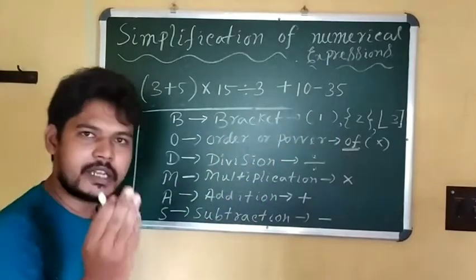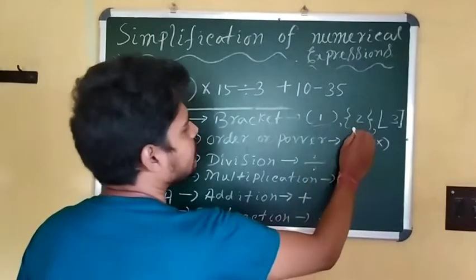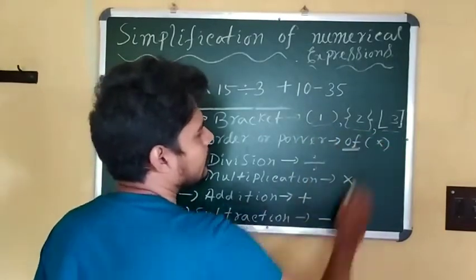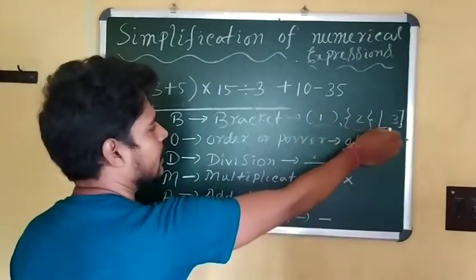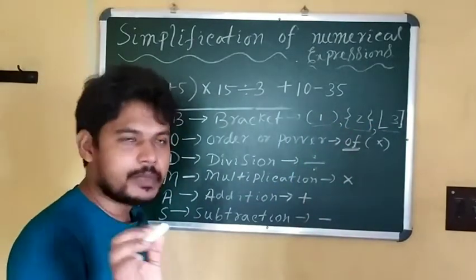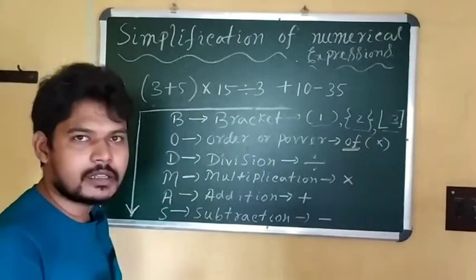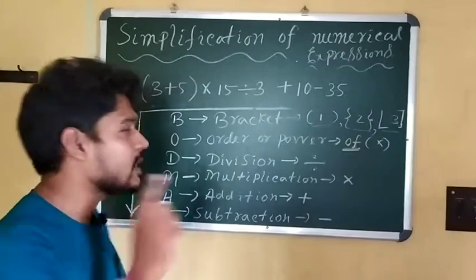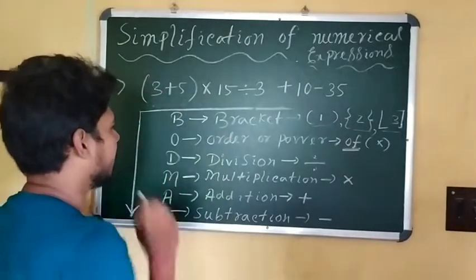There are three types of bracket: first bracket, second bracket, and third bracket. If in any numerical expression a bracket is given, then at first you have to solve what is written within the bracket. Okay, so B for bracket.